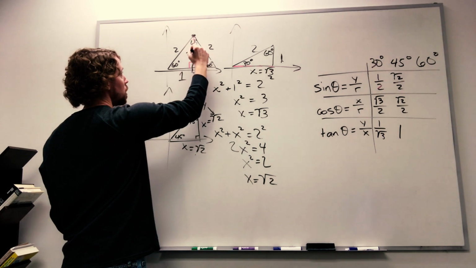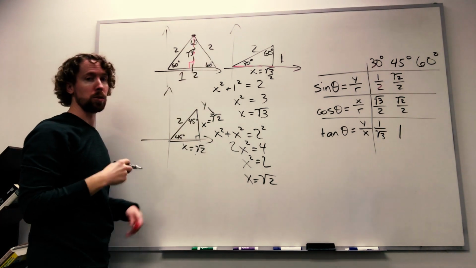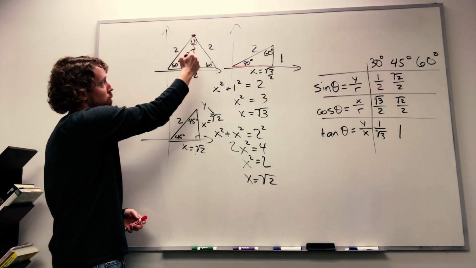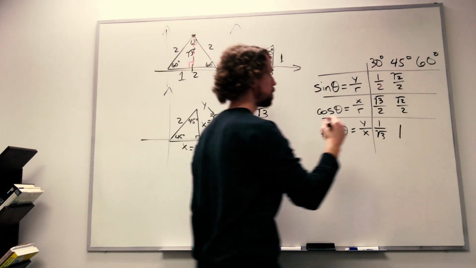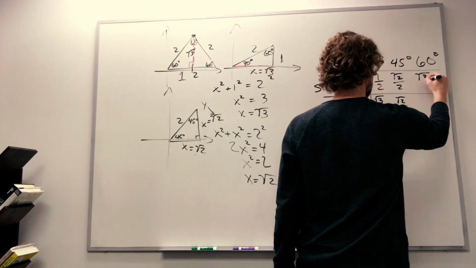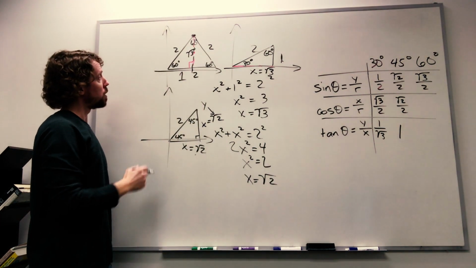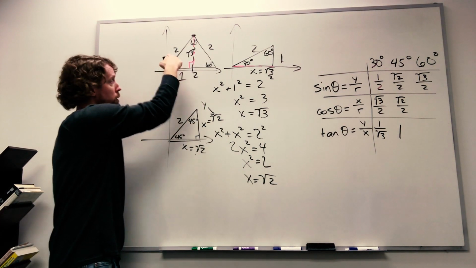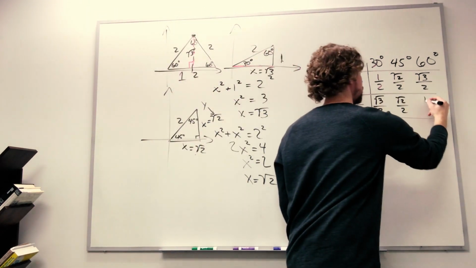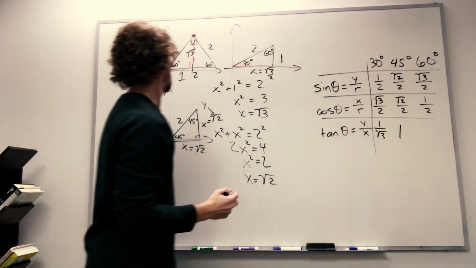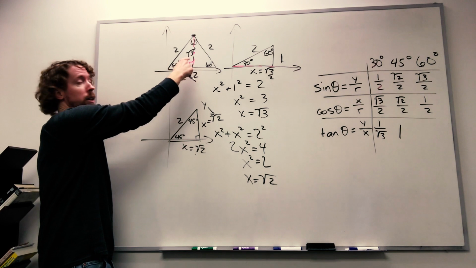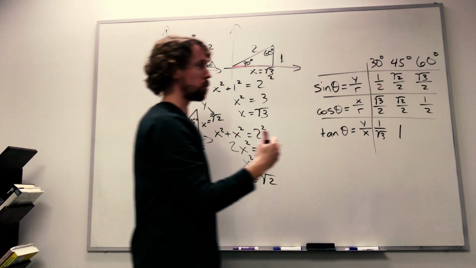So that's right here. So sine of 60 degrees is root 3 over 2. And cosine of 60 degrees is 1 over 2. And then tangent of 60 degrees is root 3 over 1. I'll just write that as root 3.